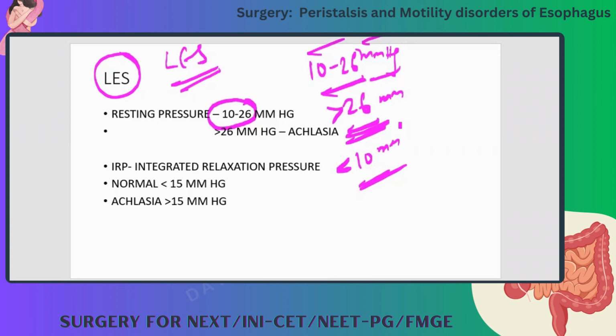If the pressure needed to open the sphincter is very high, that is, it is failing to relax, then it is known as achalasia cardia. High pressure means achalasia cardia. Confusing or is it clear? It's clear, sir, just slowly trying to understand.